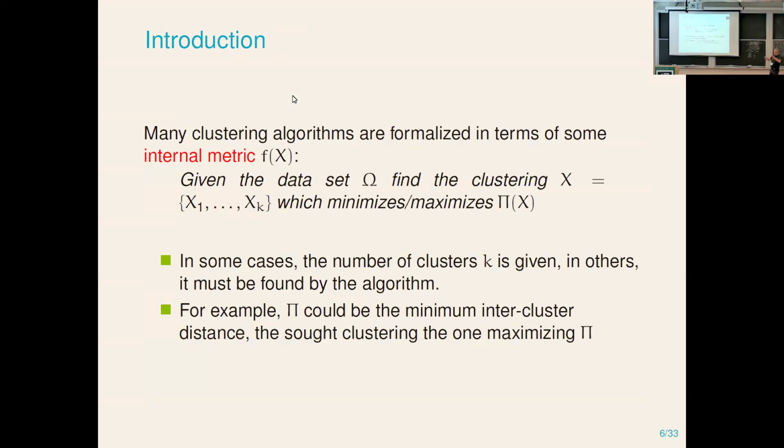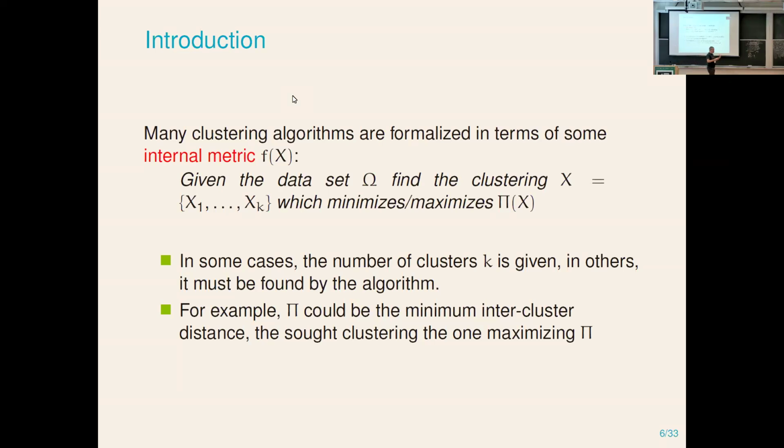But we are not going to be interested in those algorithms in a sense. What we are going to be interested in is measuring the similarity of clusterings. To begin with, it's typical that we have some sort of metric or some sort of measure of the quality of a clustering.